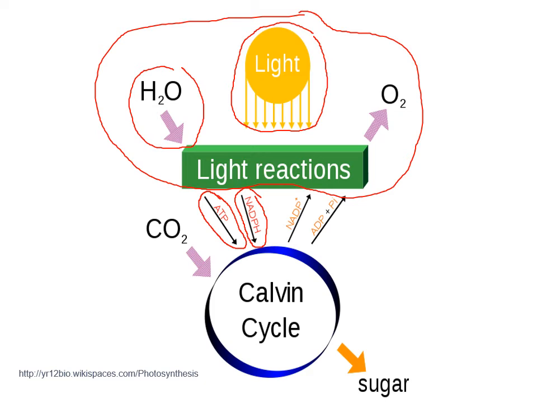Coming out of this light-dependent reaction in photosynthesis, I will produce oxygen, but I will also produce this compound here and this one here, ATP and NADPH, coming out. But the key here is this is the stage of photosynthesis where light is required.